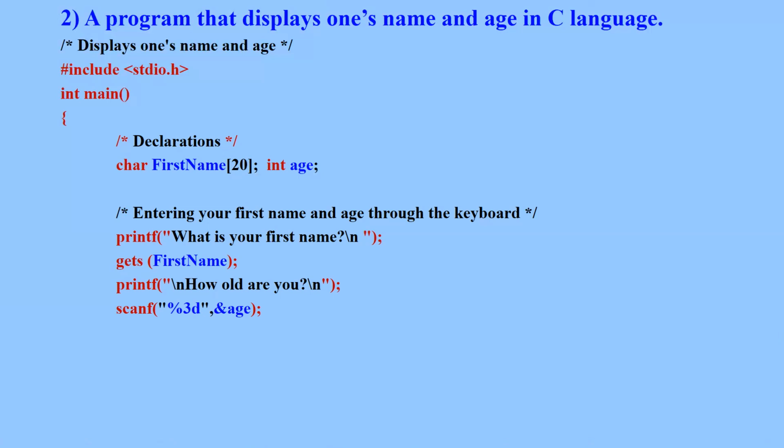And therefore, %3d. The d, we said before, is an identifier for an integer. So %3d or %d, first of all, is an identifier for an integer value.